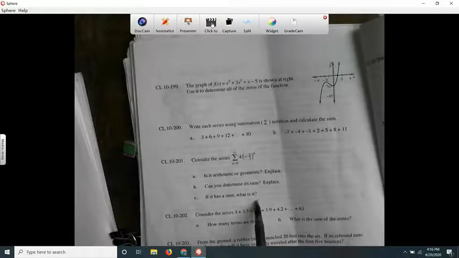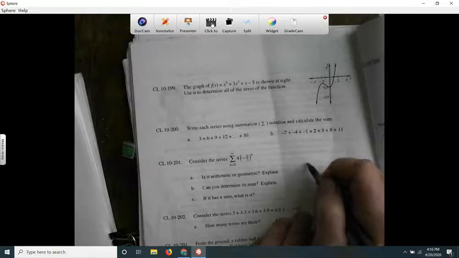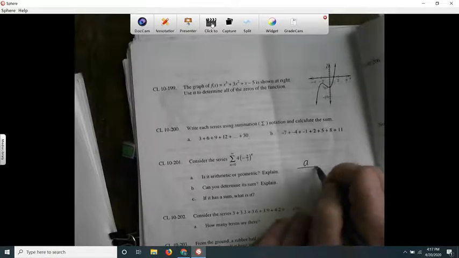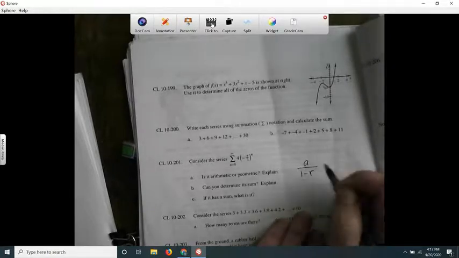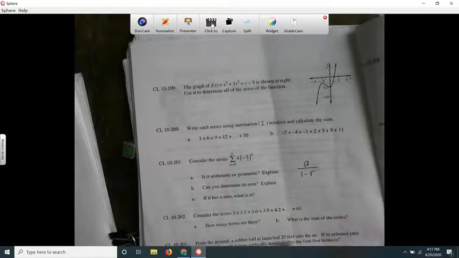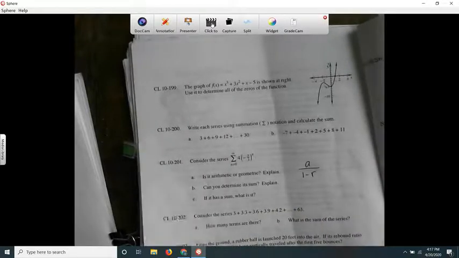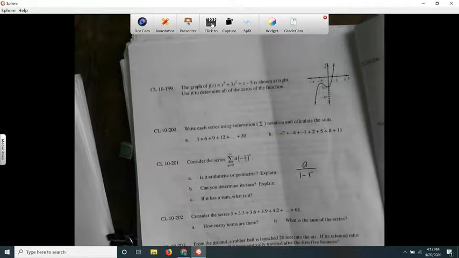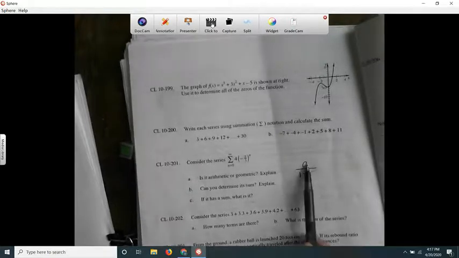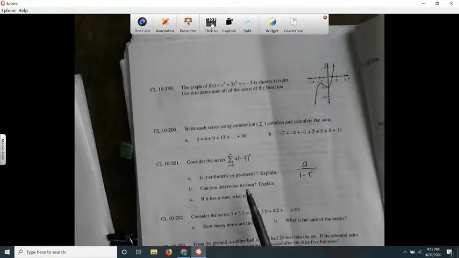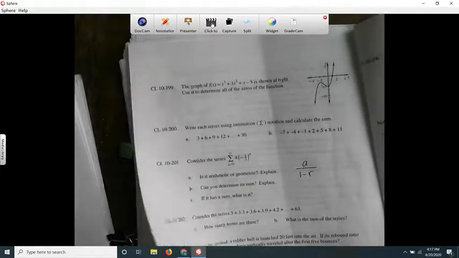If it has a sum, what is it? So there's a formula for the sum, and I think I have it memorized. It's just A over 1 minus R. That's a formula that you might want to memorize. It's the formula for the sum of a geometric series where A is the first term and R is the multiplier. And I can show that to you in your math notes box.